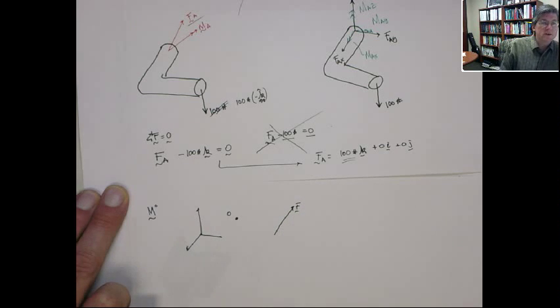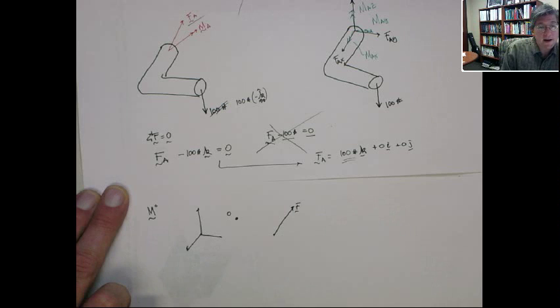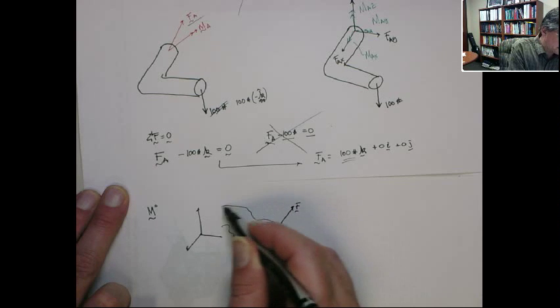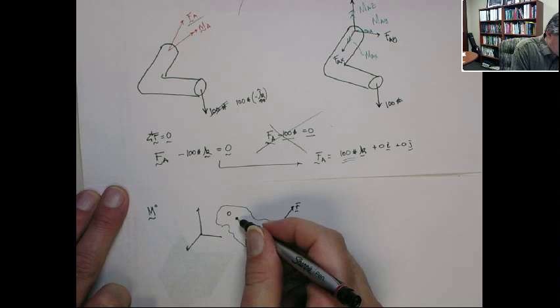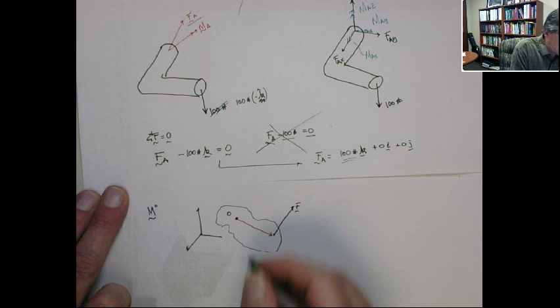Force vectors are what we call bound vectors. They're applied at some other point. They physically are applied at a point. This might be part of some body that we're trying to equilibrate. Now, we draw a vector from point O to the point where the force is applied.